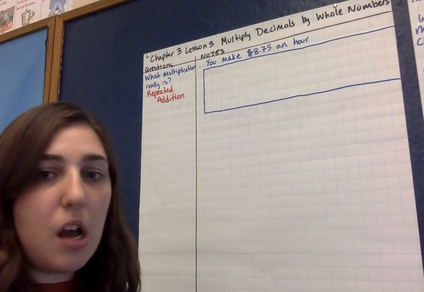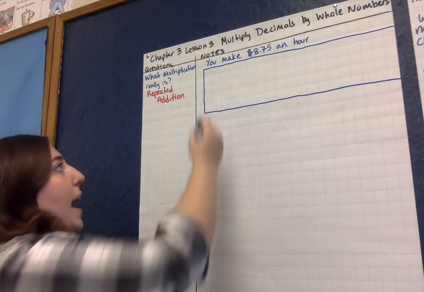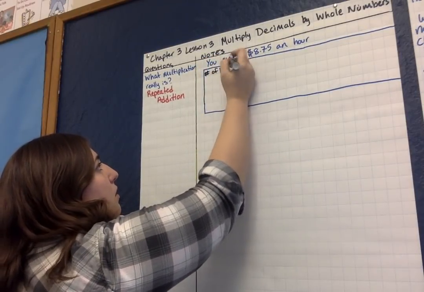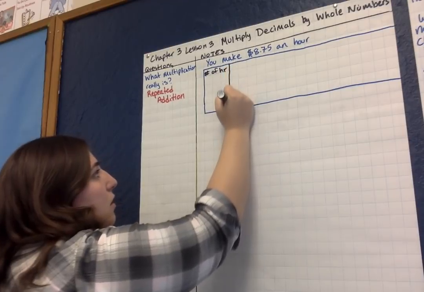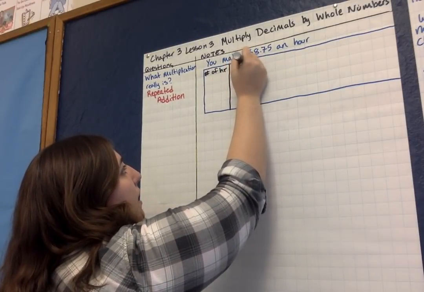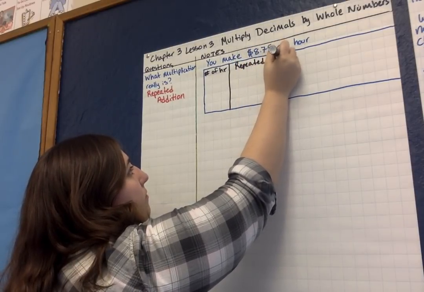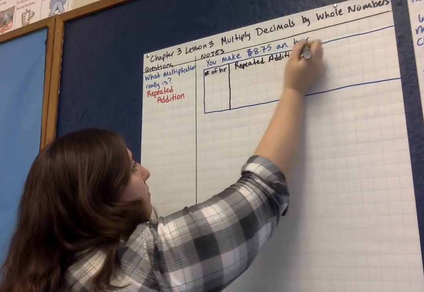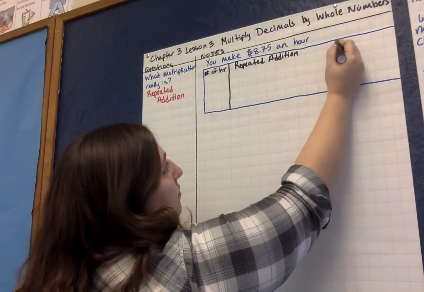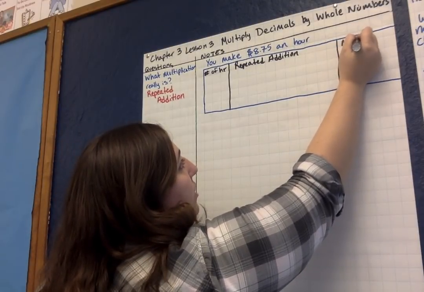All right, so the first column is going to be number of hours. Okay, the second column is going to say repeated addition. And that's going to be our biggest column. And then in our third column, we're going to have multiplication.